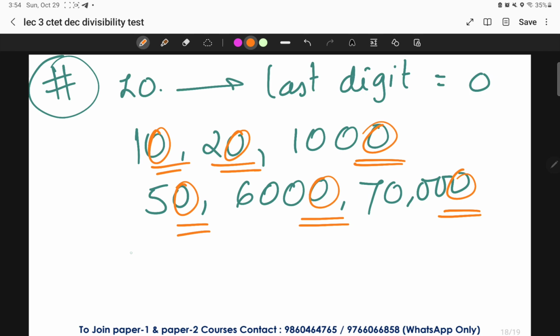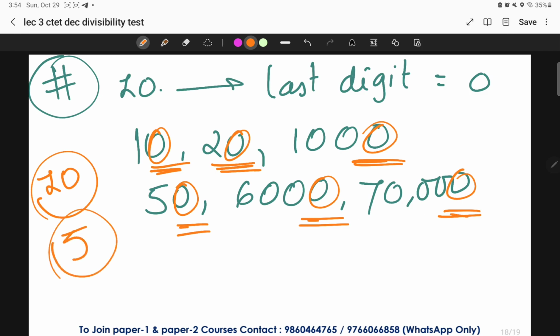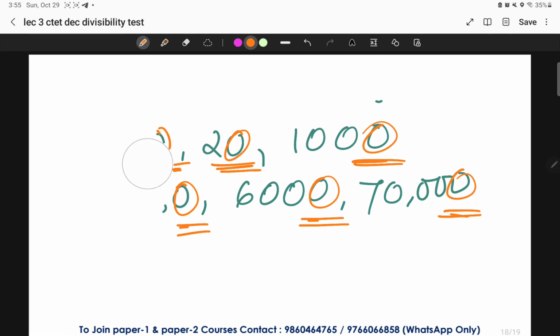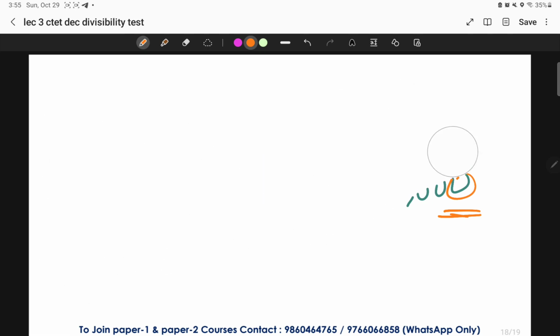It means the number is divisible by 10. At the same time, since the last digit is 0, the number is divisible by 5 as well. So you have to remember the divisibility rules of 5 and 10 in such a way that any number whose last digit is 0 will be divisible by 10 as well as 5.